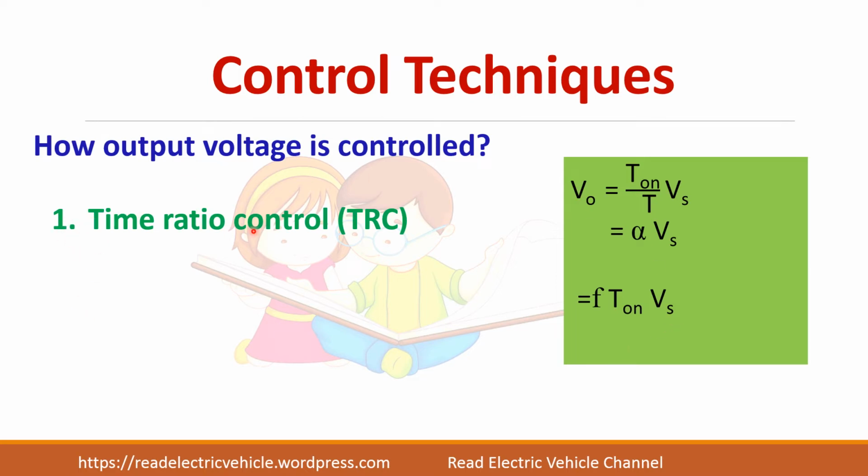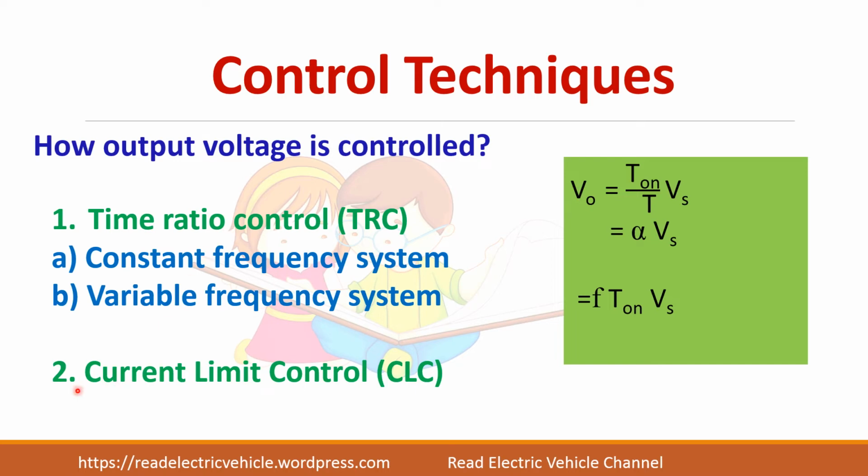One is called time ratio control. The other one is called current limit control. In time ratio control, we are controlling the time or the frequency. In current limit control, we will be controlling the current between two limits. In time ratio control, you have two methods, constant frequency method or variable frequency method.